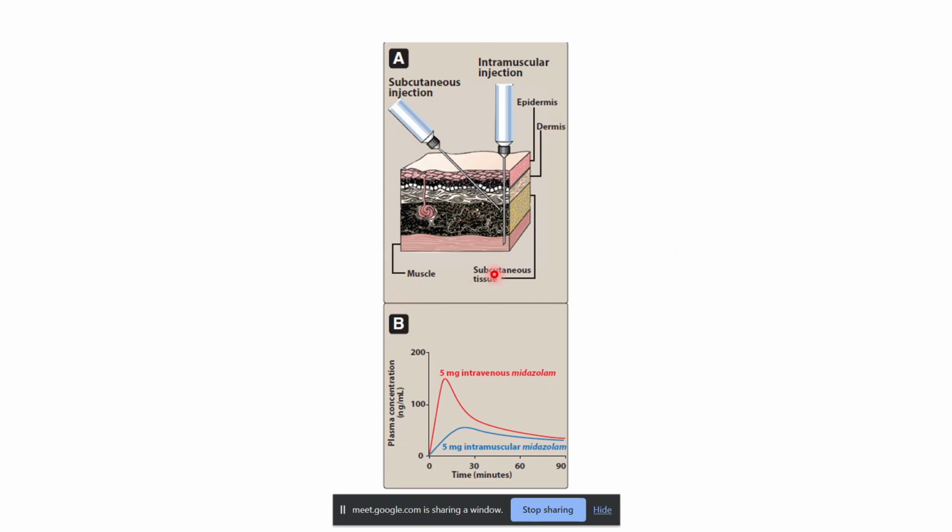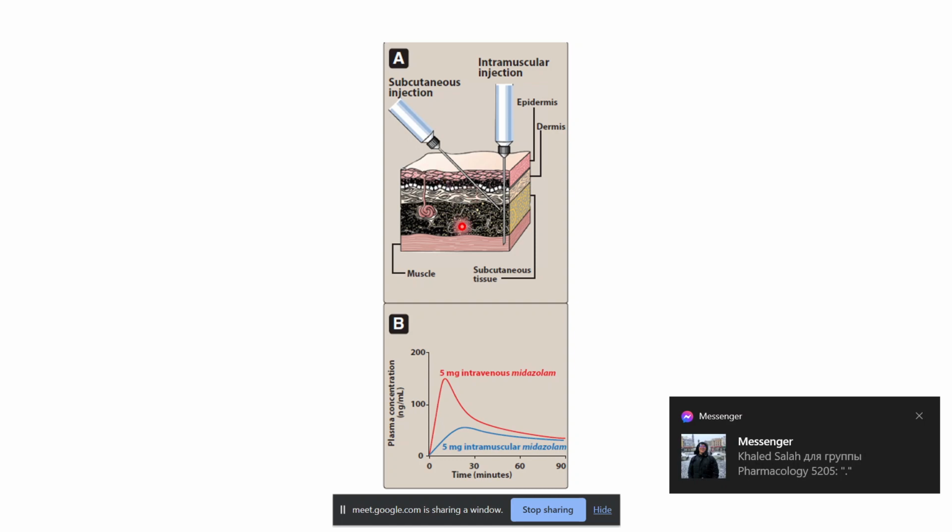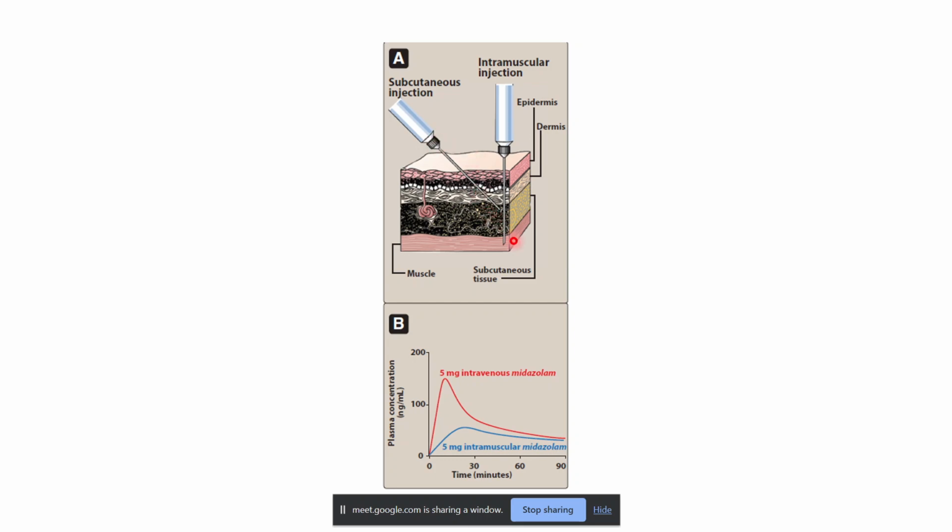Then the type of the injection can be different depending on the angle of the syringe. For example, here the intramuscular injection is shown, subcutaneous injection, and here is deep subcutaneous injection, and the difference in the concentration in the plasma seen after these injections.